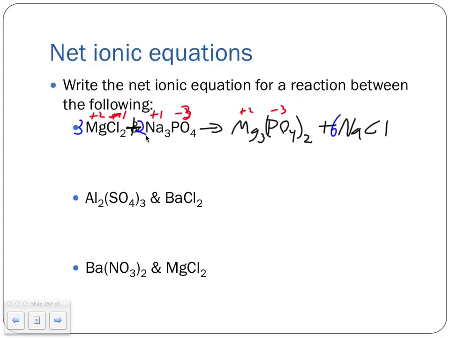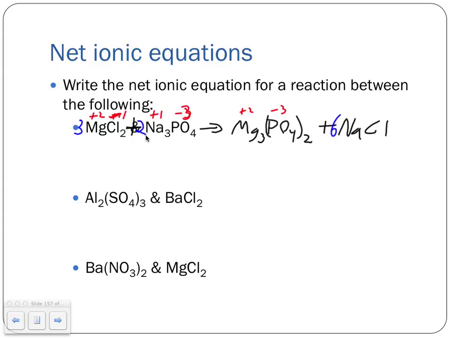Sodium phosphate, since it involves phosphate, a polyatomic ion, is going to be ionic. And sodium chloride, the other one at the very end here, is going to be ionic because sodium and chlorine have a big enough difference in electronegativity. So we know each of these substances is ionic, but we don't know if any of them are going to be insoluble and will precipitate out of the reaction.